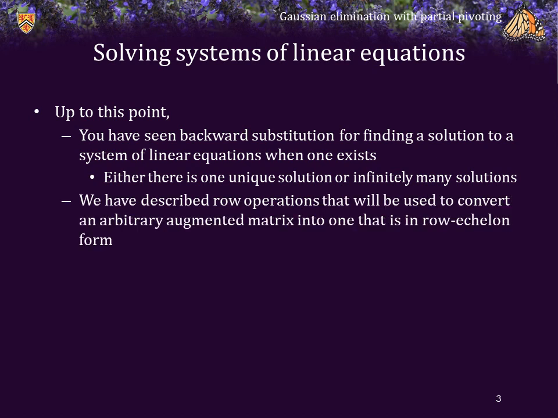Next, in the last topic, we described row operations. We are going to use those row operations to try to convert an arbitrary augmented matrix into one that is in row echelon form. Once it's in row echelon form, then we can go back to using backward substitution to find the solutions, that is, if they exist.